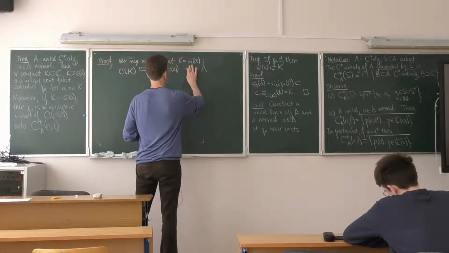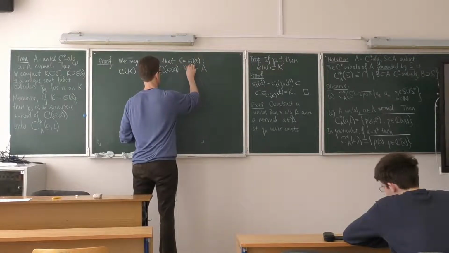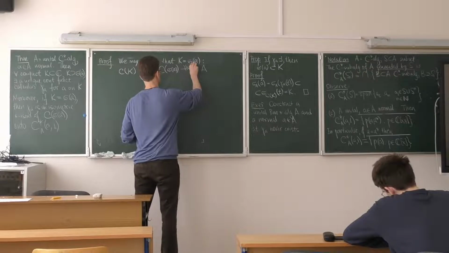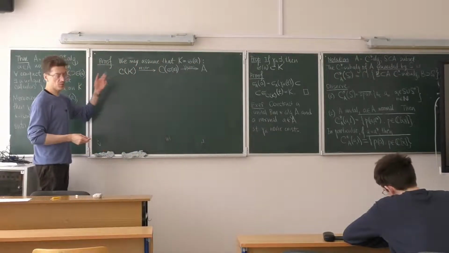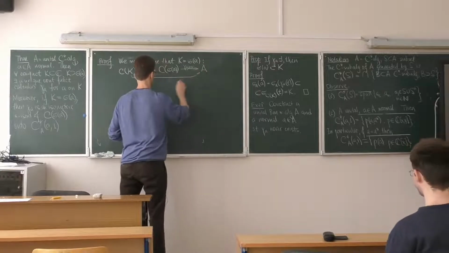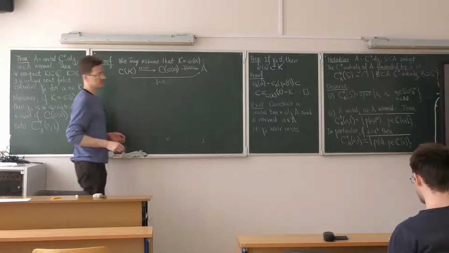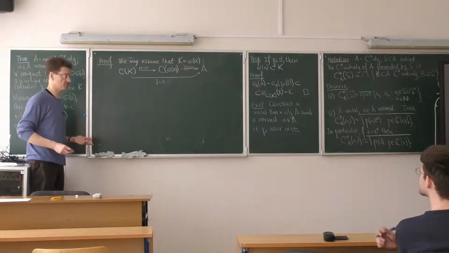To avoid confusion, let's denote it by gamma A sigma A on the spectrum. If we compose these two homomorphisms, then what we get is exactly the functional calculus for A on K, just by the definition of the functional calculus.